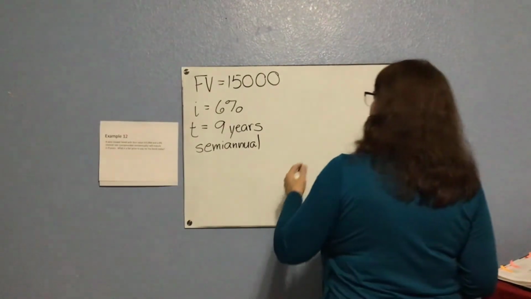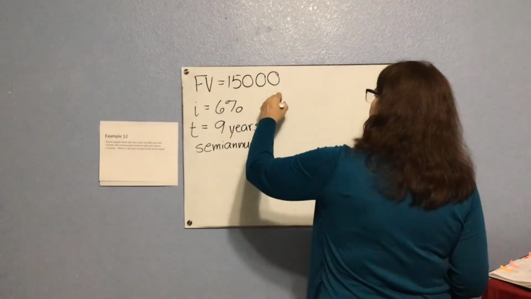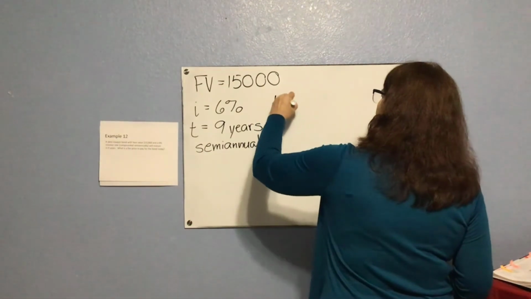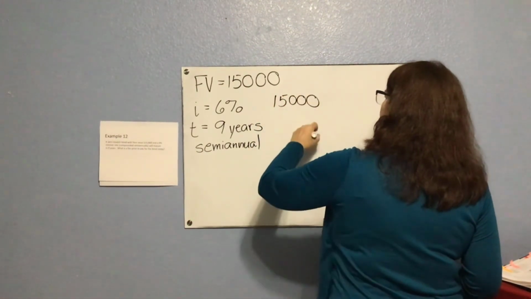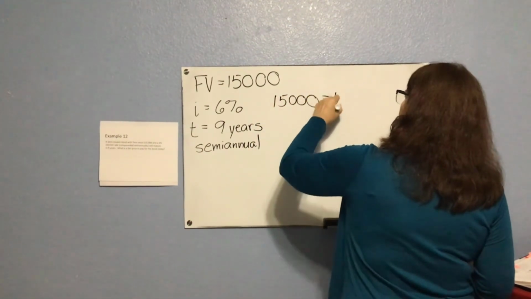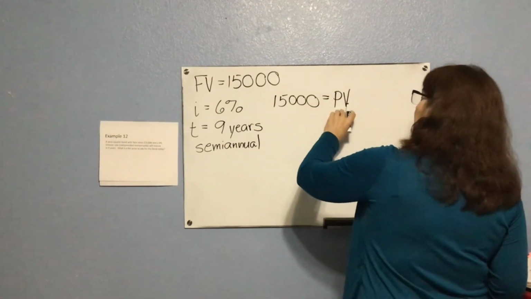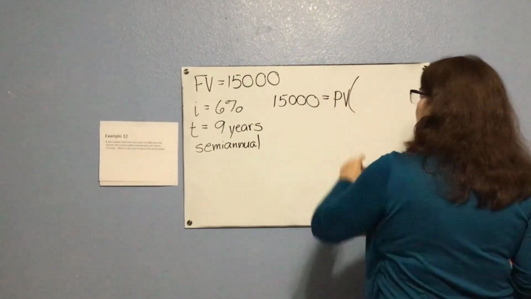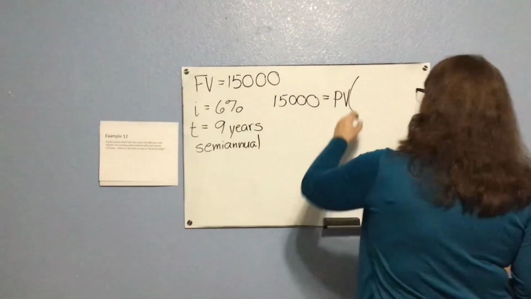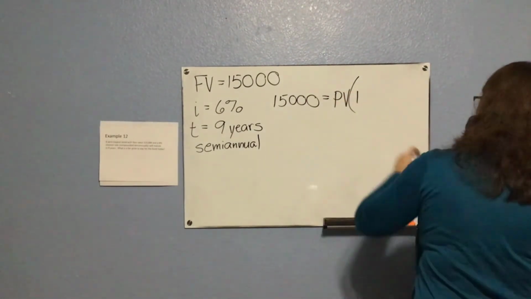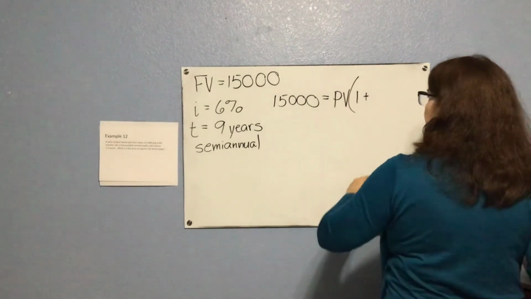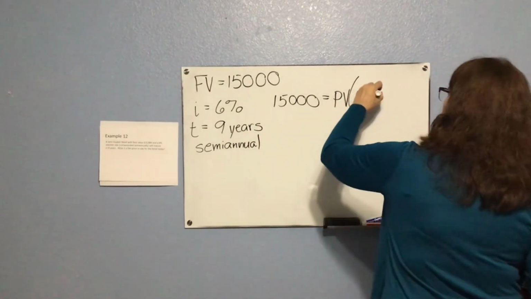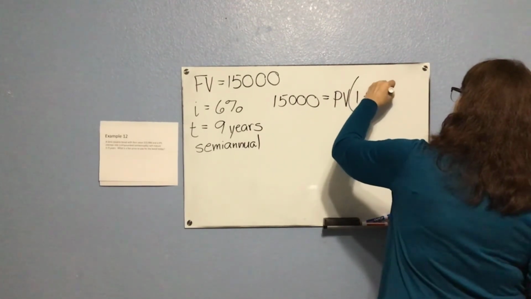So we're going to write out our equation. 15,000 is equal to our present value, which is what we're trying to find. How much should I have to pay for this bond right now. And it's going to be 1 plus 0.06.